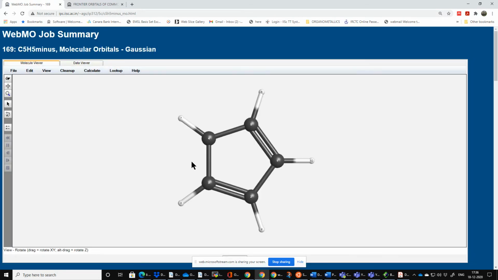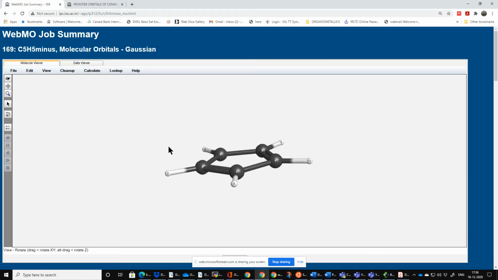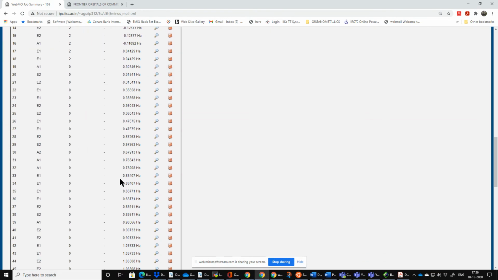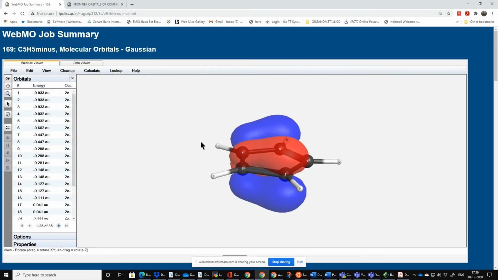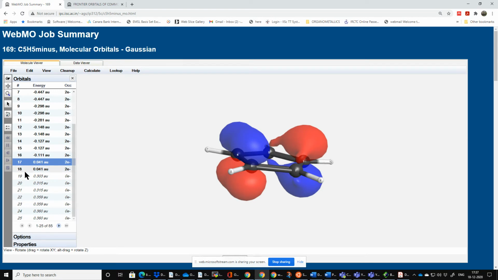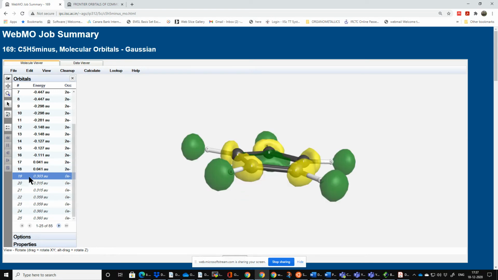If I click on the cyclopentadienyl anion, I will be able to see that ring system, and if I scroll down I can see the highest occupied molecular orbitals of the Cp minus, which is number 18. I can also see in this case the degenerate 2 HOMOs and the lowest unoccupied molecular orbital on the cyclopentadienyl group.